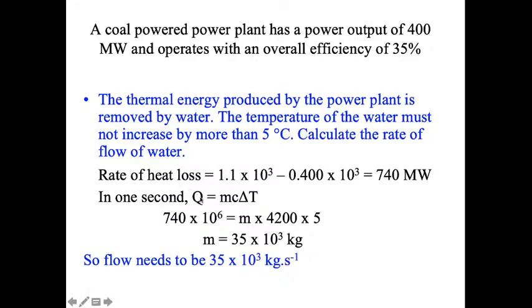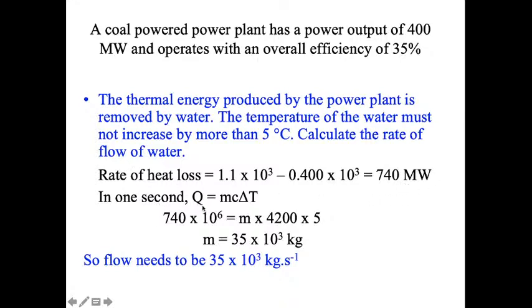So if we remember here, the rate of the heat loss is going to be our input energy minus our output energy. That's how much heat we're actually losing, 740 megawatts. In 1 second, where power is energy over time, this converted to energy would be 740 megajoules per second.